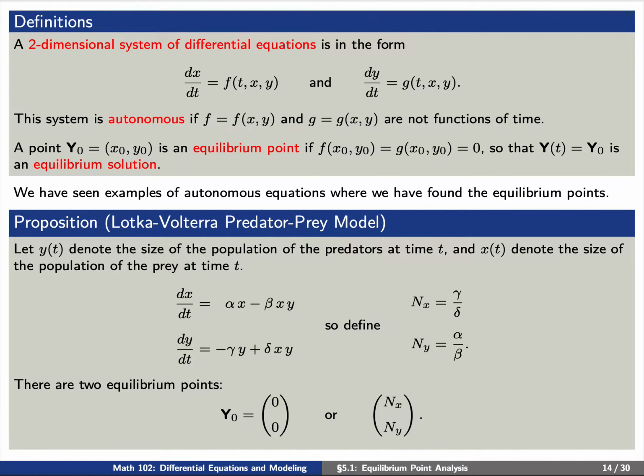Then dx dt equals alpha x minus beta xy, and dy dt equals negative gamma y plus delta xy. We found before that there are two equilibrium points, namely y sub 0 equals the origin, 0, 0, or y sub 0 equals n sub x and n sub y, where n sub x and n sub y we can write in terms of the coefficients alpha, beta, gamma, and delta.